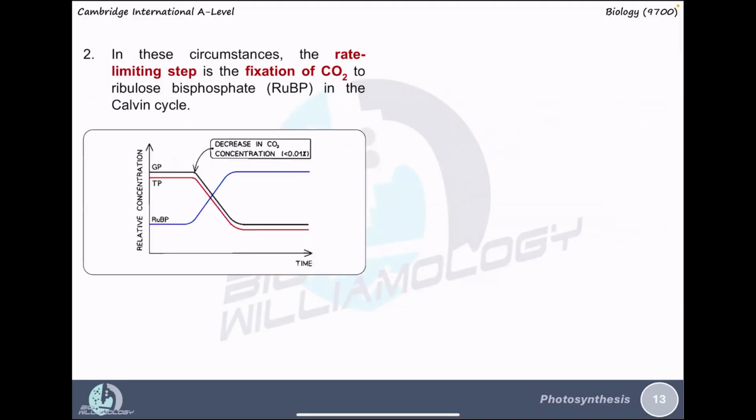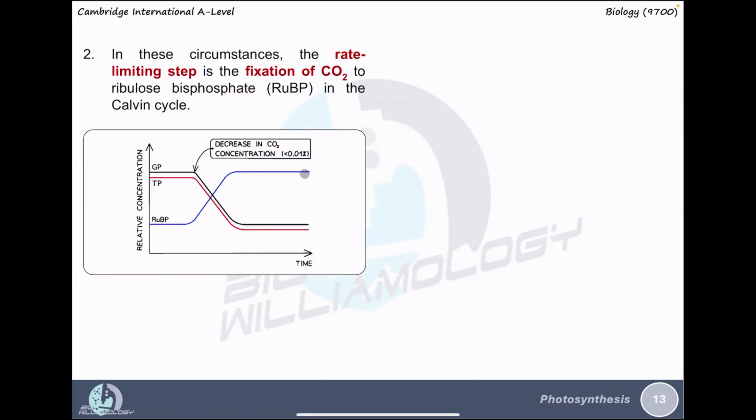So let us look at this graph, and how we can explain it. First of all, we can see that the concentration of RuBP increases, and this is due to two factors. The first factor is that with insufficient CO2, the concentration of CO2 acts as the limiting factor.